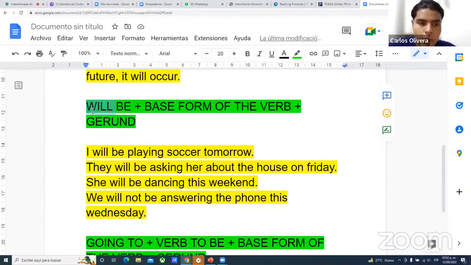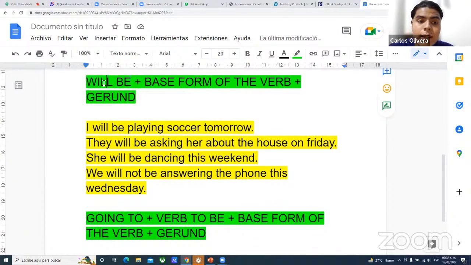Will, for example, as you remind, is an auxiliary verb, right? It's not a verb as such, but is auxiliary. And in this case, if you look at the structure, the verb to be was combined with it. They were linked, right? Will be.